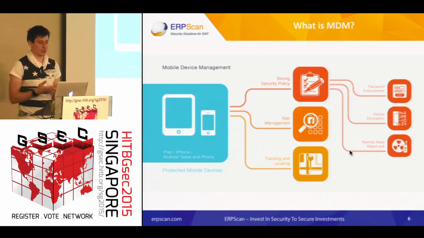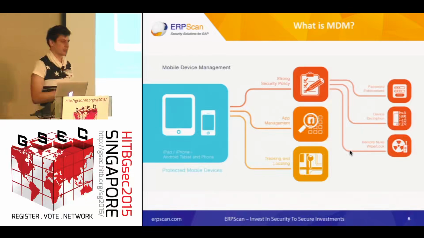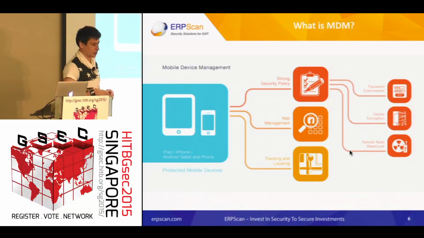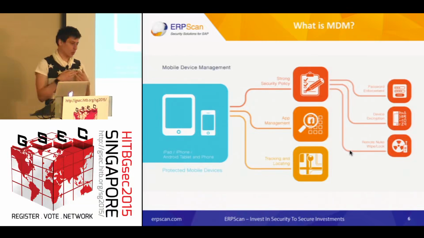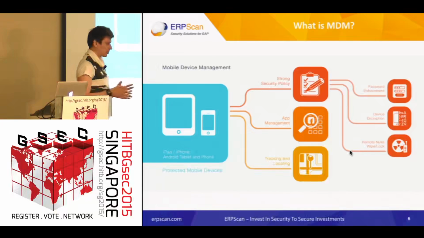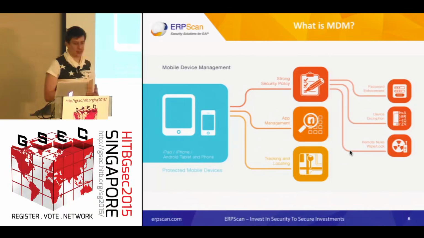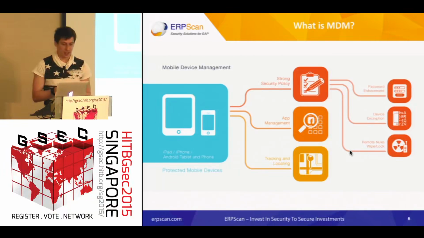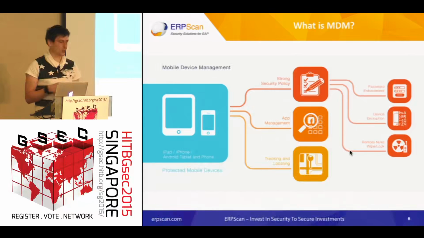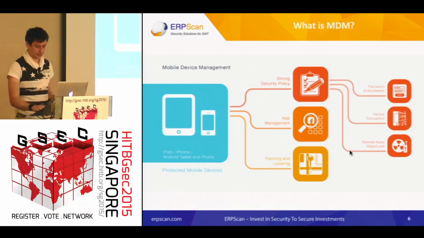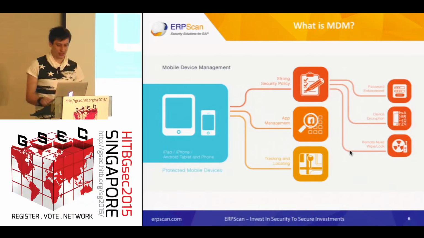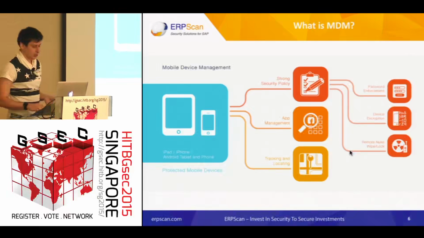MDM solutions allow applying different policies on mobile phones, tablets, etc. They allow controlling which applications users can install on those devices, allow tracking users, getting the location of the phone, etc. Actually, it's very useful for system administrators.